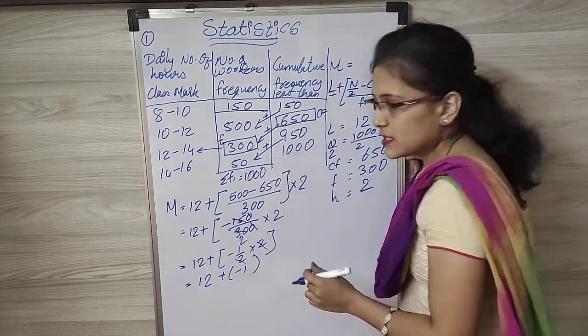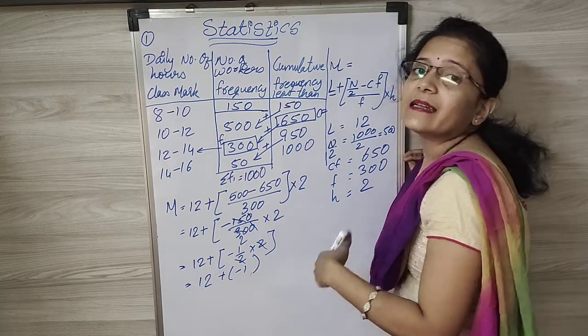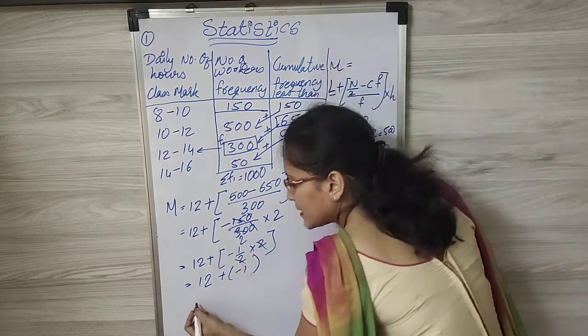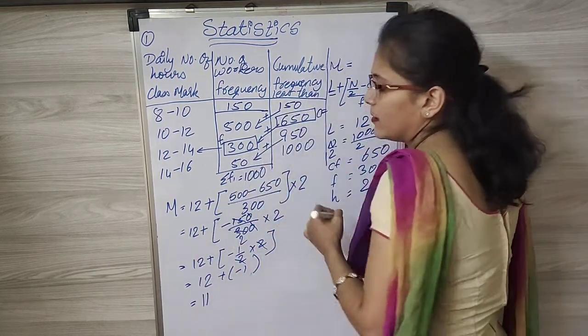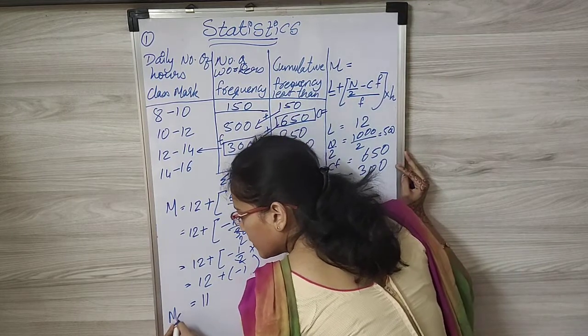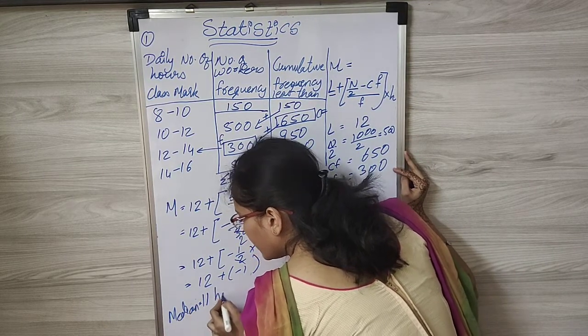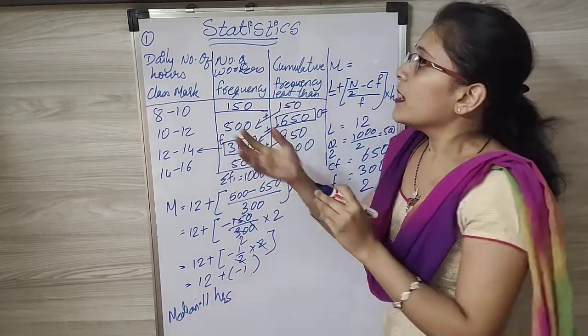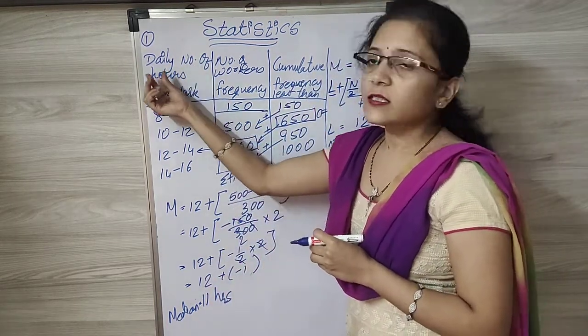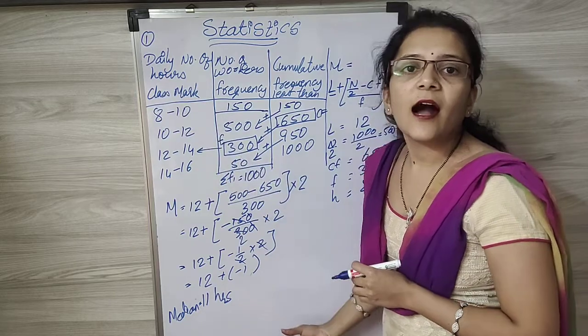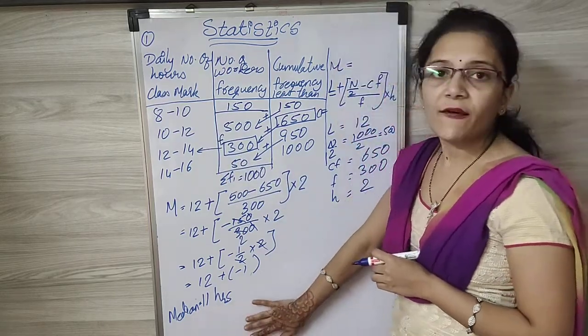Plus minus is minus, so 12 minus 1 is 11. So the median is equal to 11 hours, because we have to calculate it in hours. So the median is 11 hours.